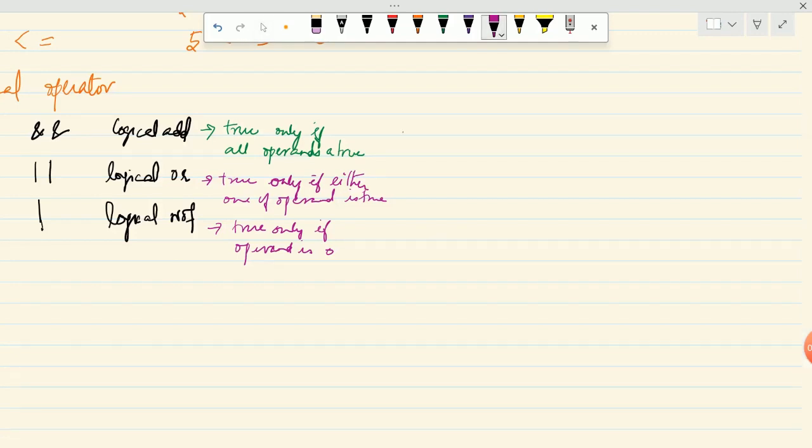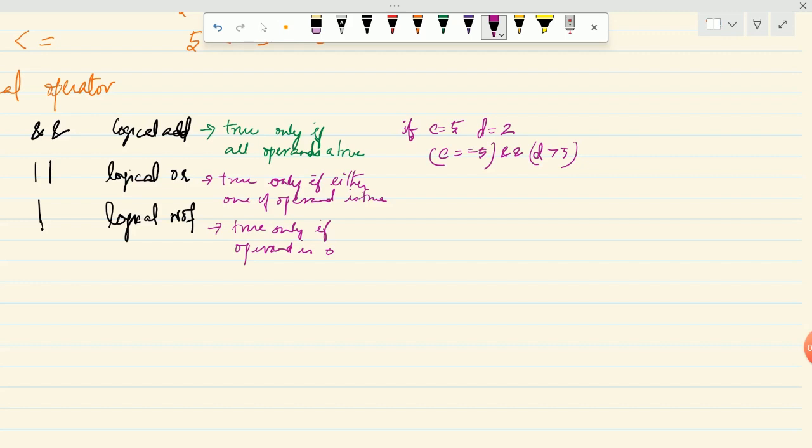Okay, here if C is equal to 5 and D is equal to 2, then the expression is C equal to 5 AND D greater than 5.